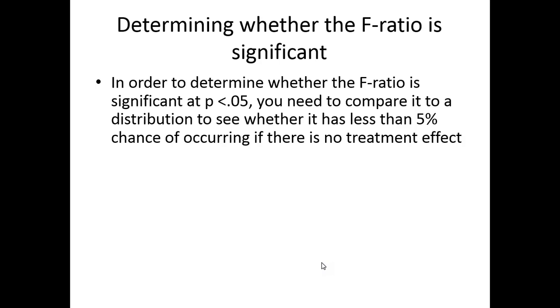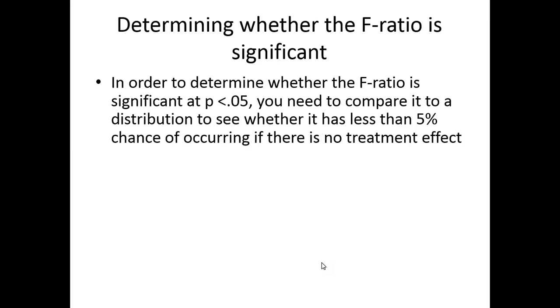every time you take a sample you get a different mean, and if you were to graph that you'd get what's called an F distribution. And if there was no treatment effect and you calculated the between groups variance over the within groups variance, you'd mostly get really small F ratios, but very occasionally you'd get large F ratios.